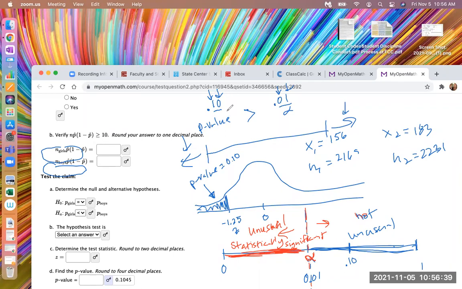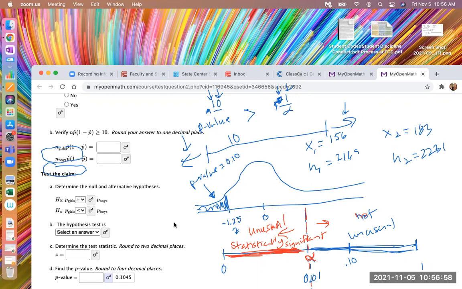Then drop the decimal completely and any preceding zeros. 10 compared to 1. 10 is larger than 1. So 0.1 is larger than 0.01. So the p-value is larger than alpha.